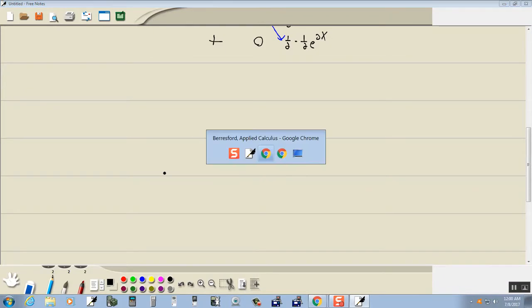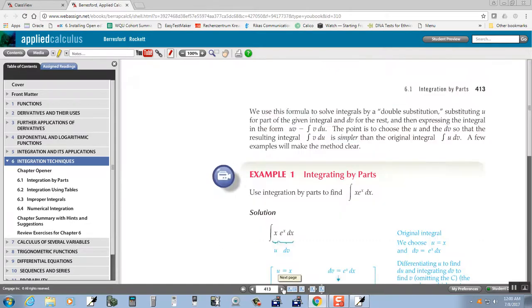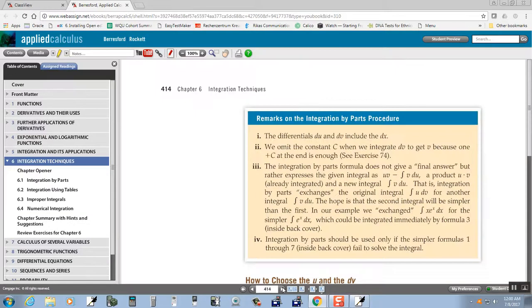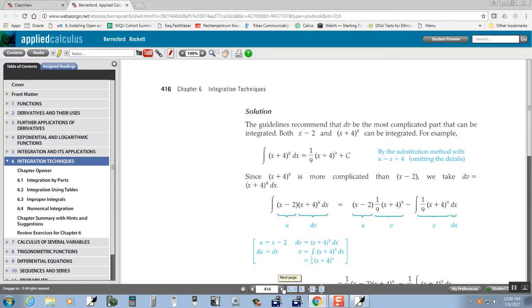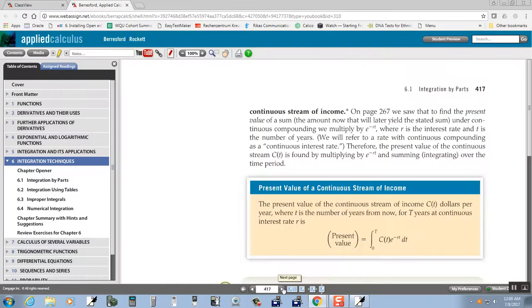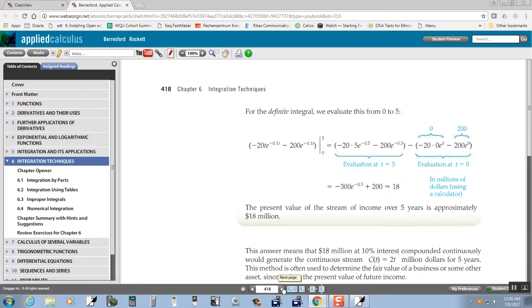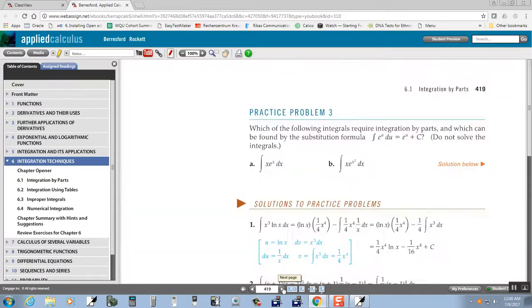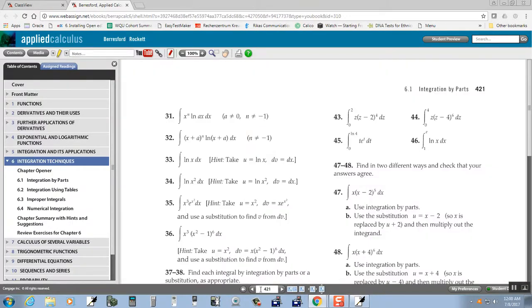Now let me see if I can find one with an x squared. Well, maybe. Integration by parts. Okay.